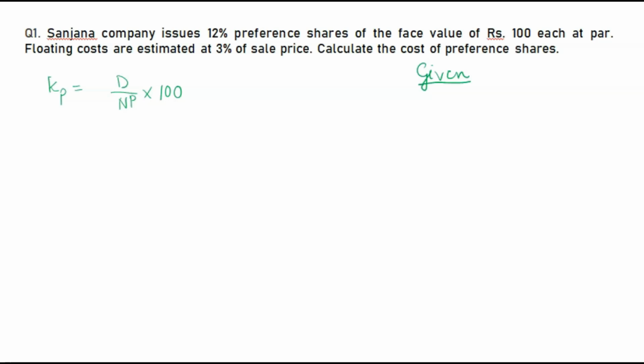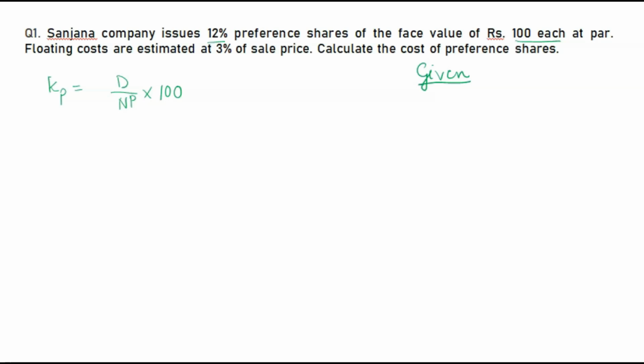So first thing, Sanjana company issues 12% preference shares with the face value of ₹100 each at par. Only the value of one share is given. They have not given how many shares were issued. Whether we take the value of one share or the aggregate value after multiplying it with all the shares, that will be same, no problem.